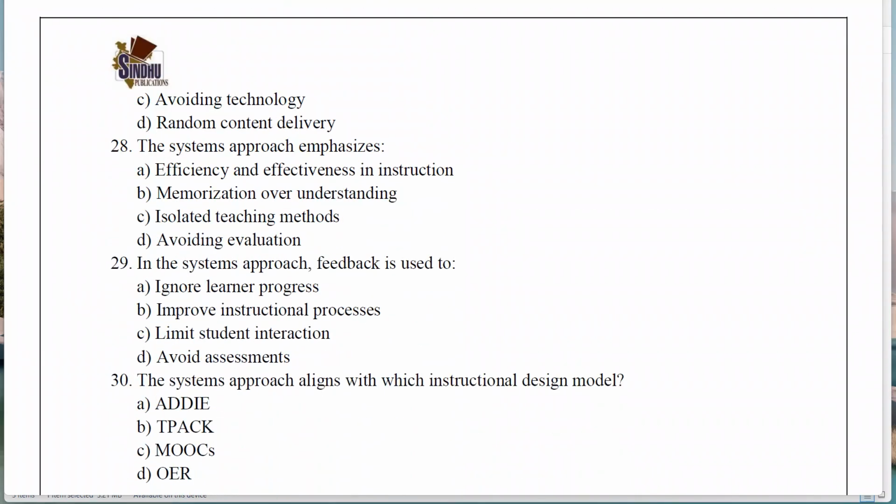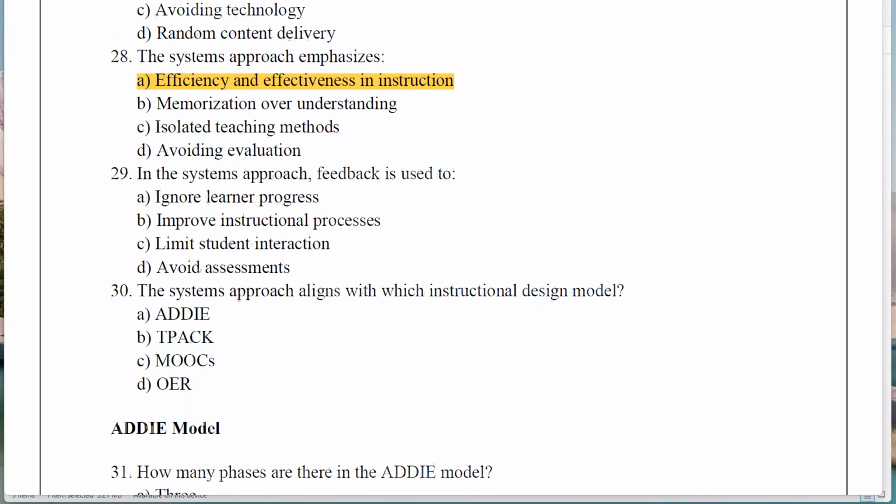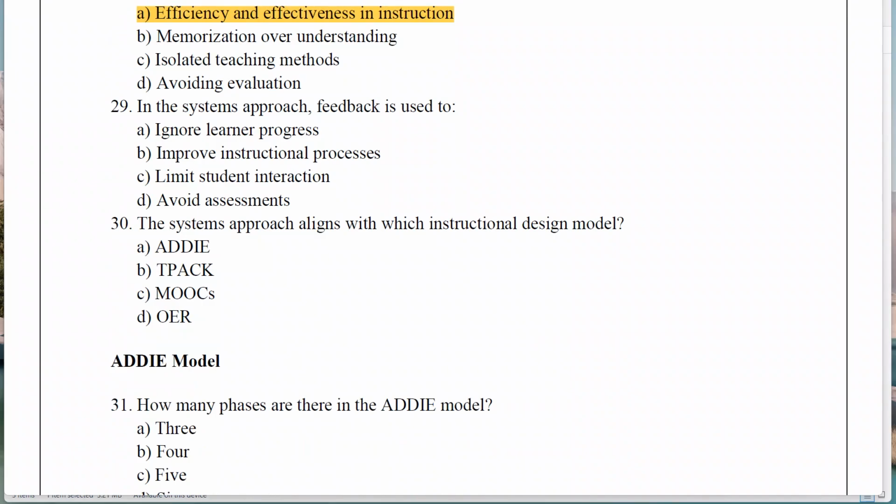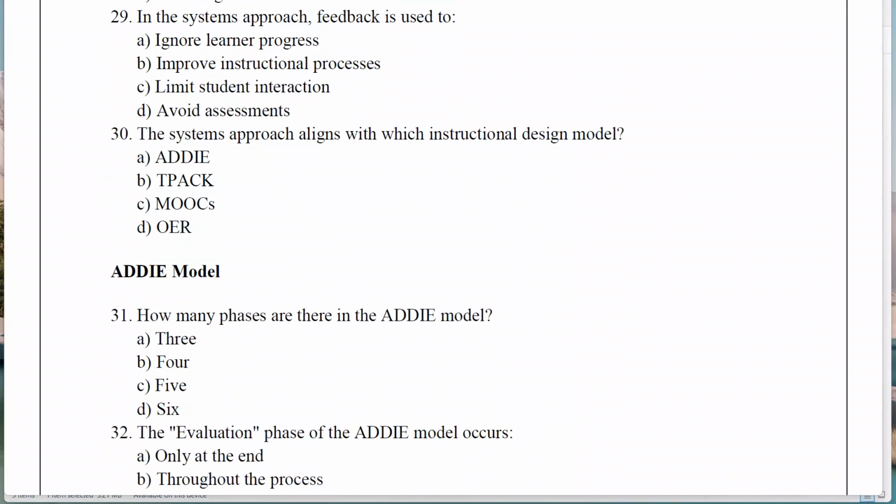The systems approach emphasizes efficiency and effectiveness in instruction. In the systems approach, feedback is used to improve instructional process.